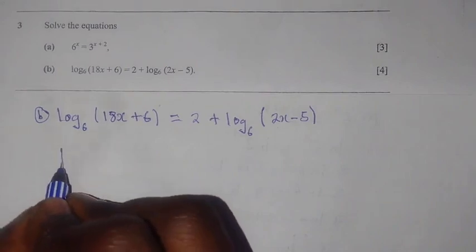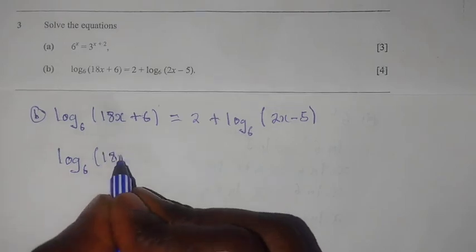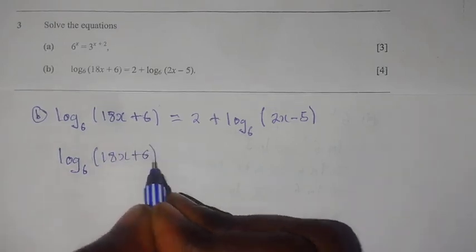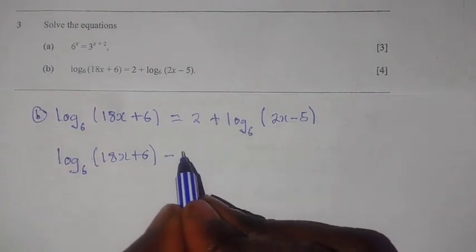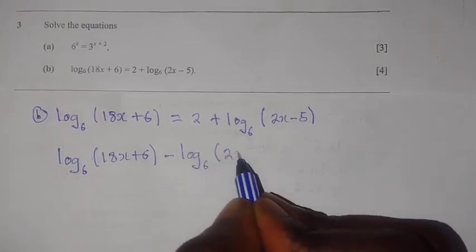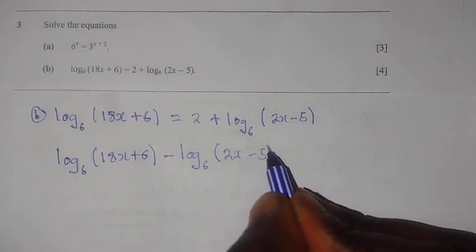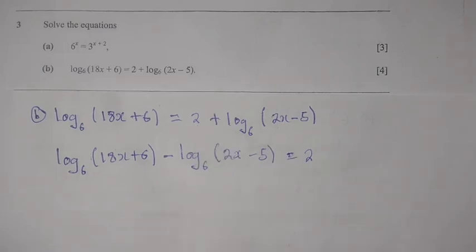So we are going to write log the base of 6, then 18x plus 6. This one is positive, as you can see. When it comes to the left hand side, it becomes a negative log with a base of 6, and then we have 2x minus 5 equal to 2, because we have remained with this 2.